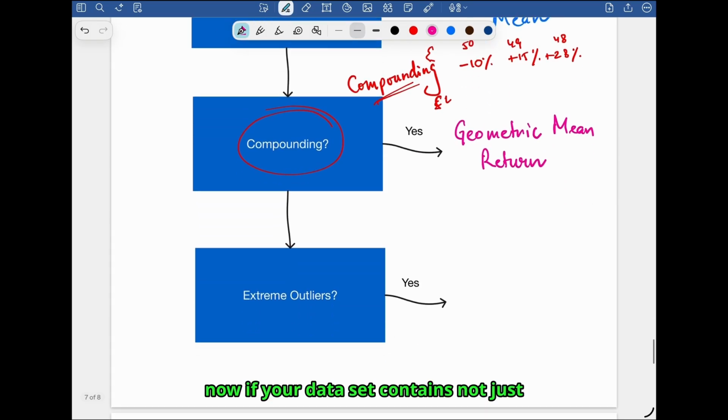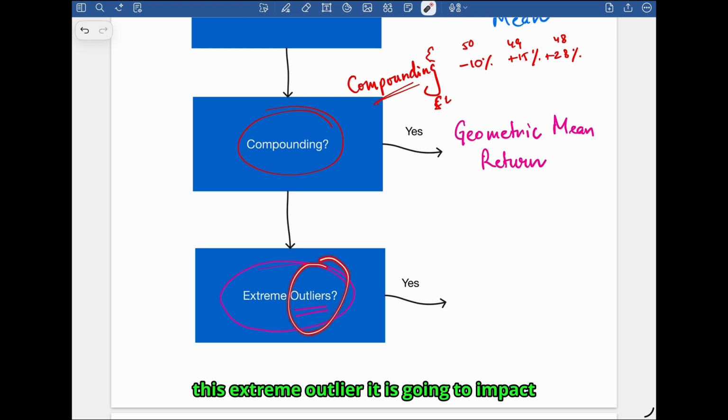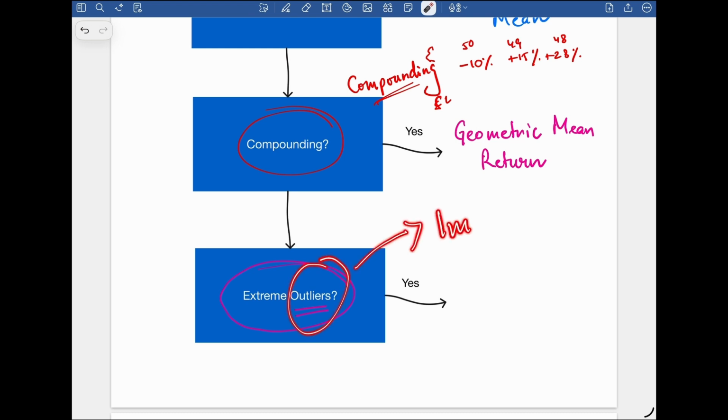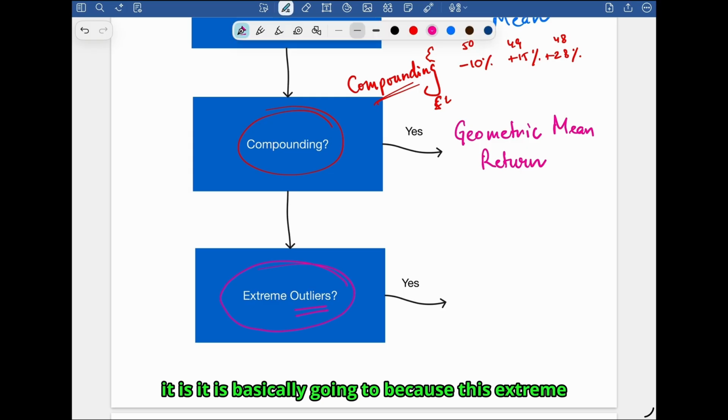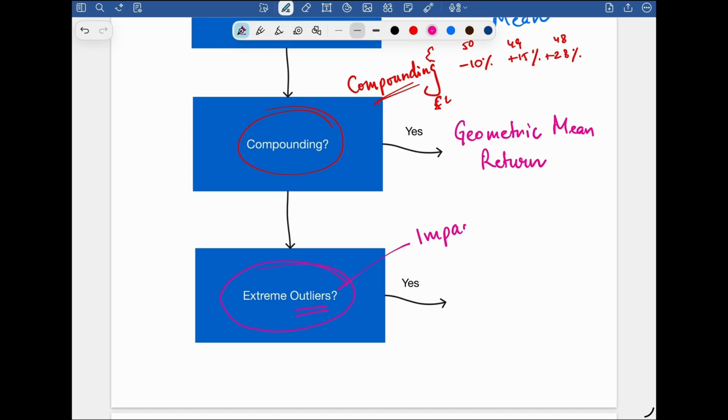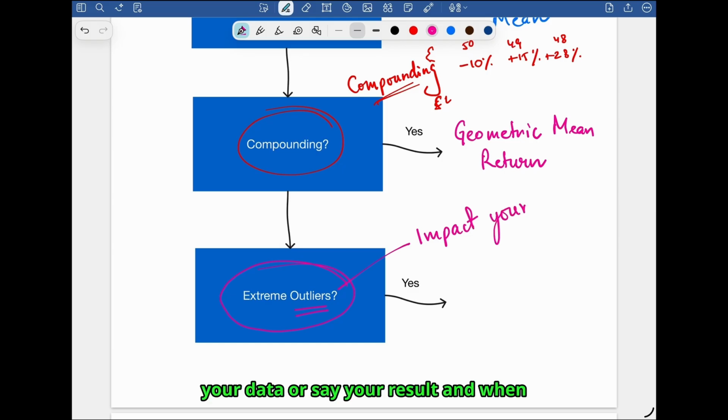Now, if your dataset contains not just some outliers, but extreme outliers, the presence of these extreme outliers is going to impact your result.